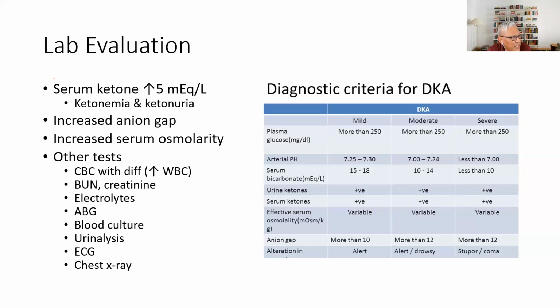A serum ketone of more than 5 mEq is the definition of diabetic ketoacidosis, and obviously a blood glucose level that's going to be above 200 milligrams per deciliter. Okay?